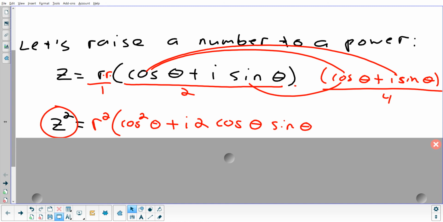Now I wrote it in a little bit different order. What I did there is fine. It's all multiplication, so I'm just changing the order. We have 2 of the cosine times I sines. I'm just saying sine I instead of I sine. Same. All right, so we've got that.